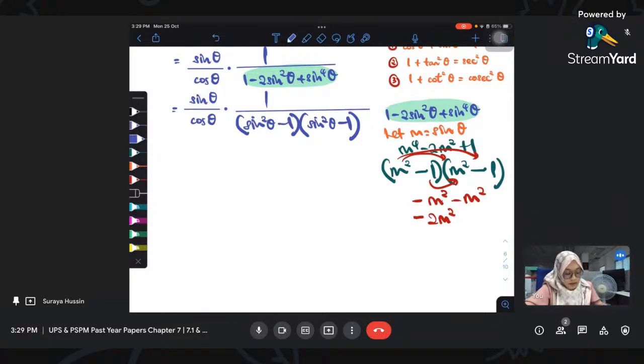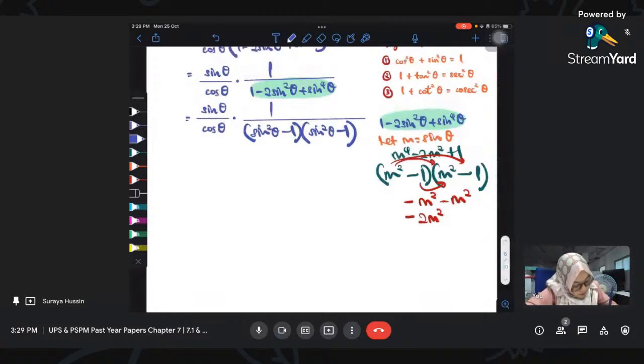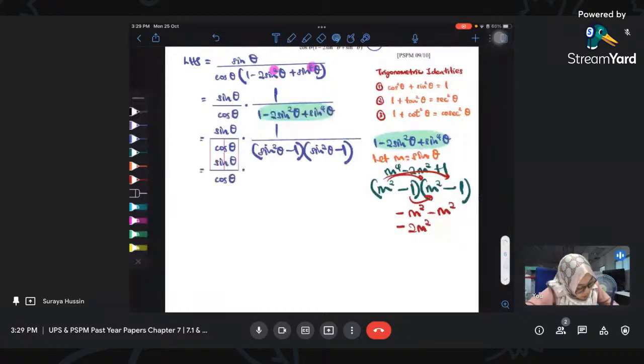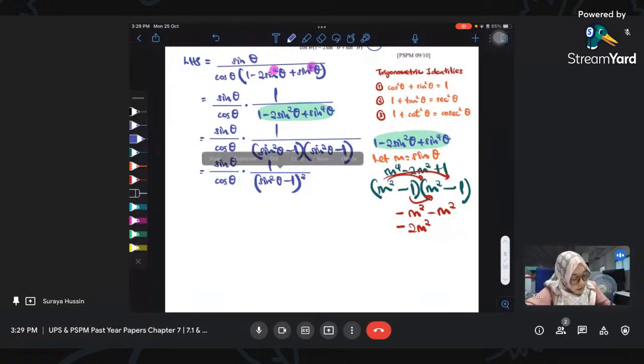Right? So you don't be afraid of that. You know that this is the same bracket. And so sine squared theta minus 1, the whole thing squared. Disebabkan dia adalah yang sama, they are the same thing, so I can make them squared.